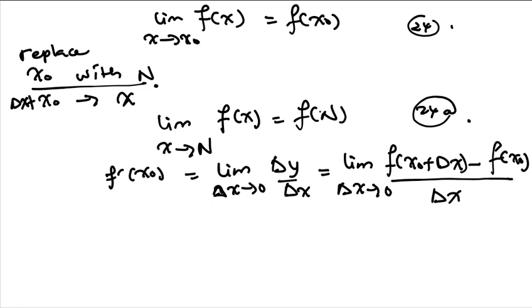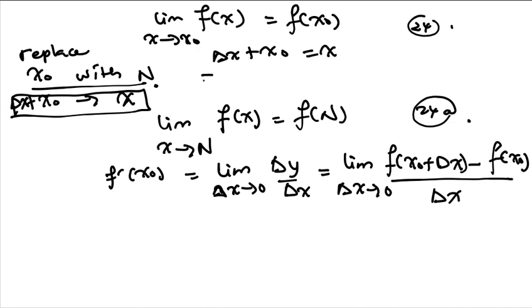Alright. Now, because like I said to you, we replace x naught with n, and we replace change in x plus x naught with x here. Therefore, you can clearly see that, look at this. Let me rewrite it again here. Change in x plus x naught, we simply say that it is x. That means from here we can modify it.